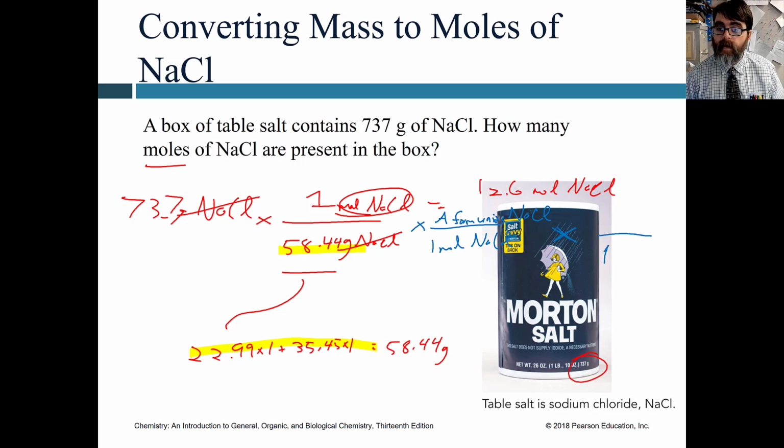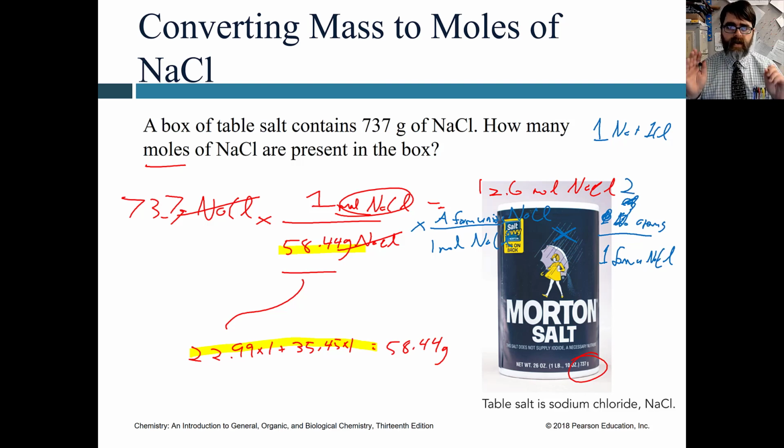We could do that 1 formula unit of NaCl has 1 Na atom in it, or 1 Cl atom in it, or we could even say the total number of atoms is 1 Na and 1 Cl, so 2 atoms total. We could do each of those. I'll leave it as a challenge to you to actually punch those in, but this is the real power of, again, moles and molar mass.